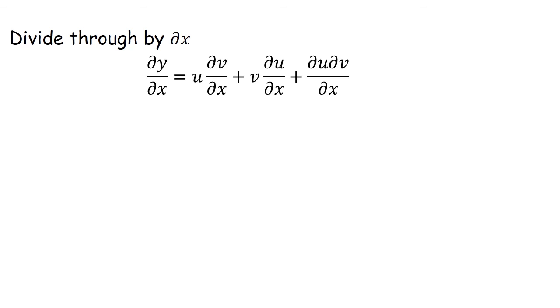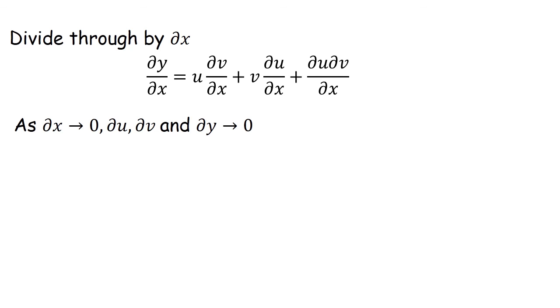After doing the division, we say as delta x tends to 0, since the changes are very small, the change in u times change in v term tends to 0.